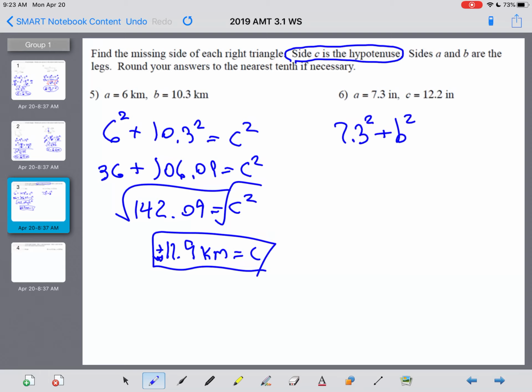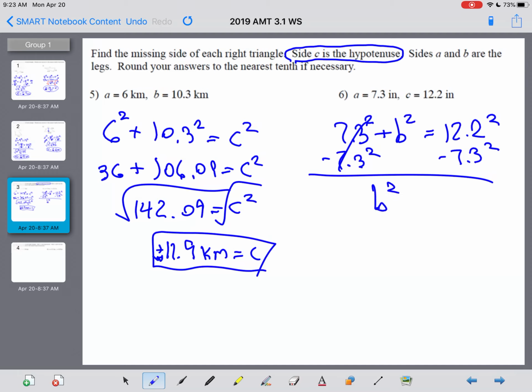B is missing, so I'll just use B, and my hypotenuse is 12.2 squared. I'm going to subtract this squared chunk right away. These cancel. I get b squared. Now I'm going to do this all on the calculator. 12.2 squared minus 7.3 squared. I get 95.55.